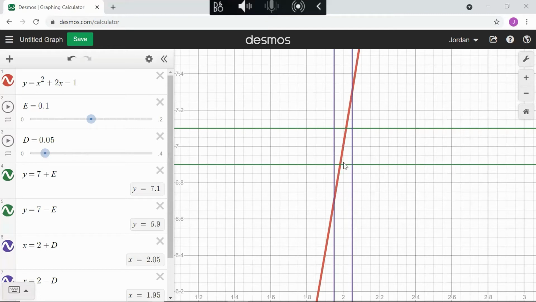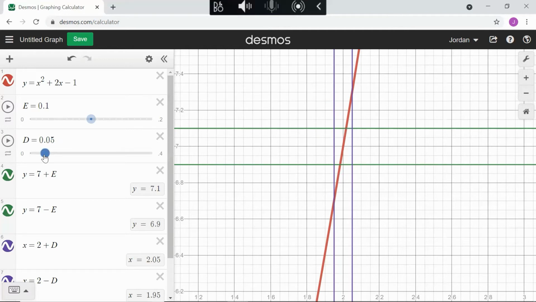If you look at right now, we have delta set at 0.05. There are values of my function within the purple region that are not within the green region. The purple region is left to right, and the green region goes up and down.